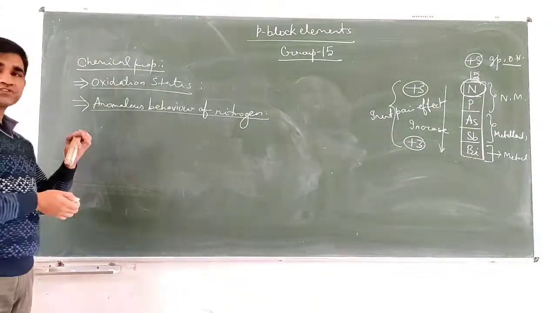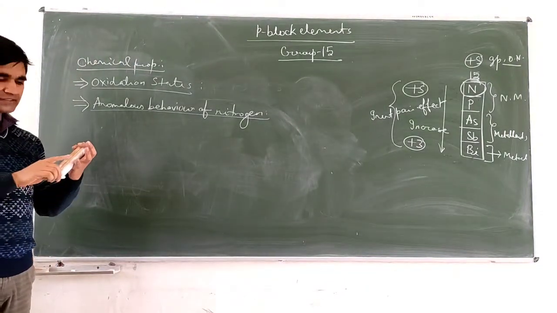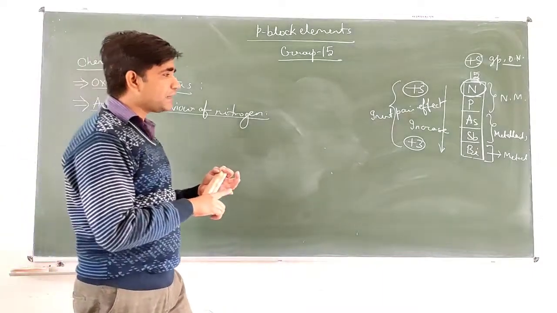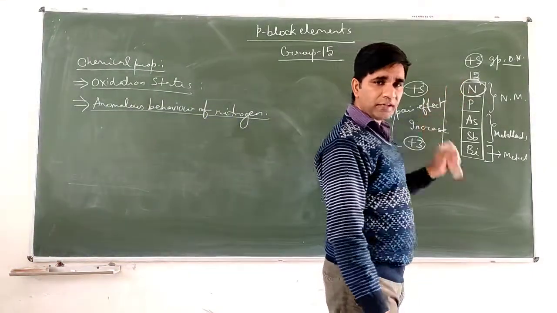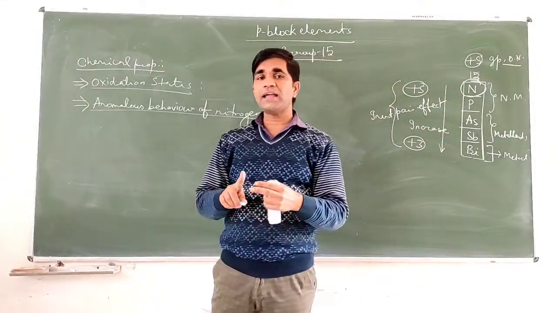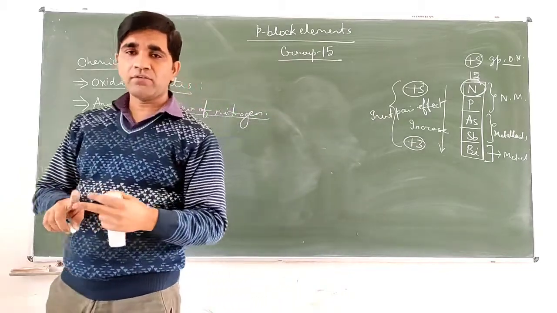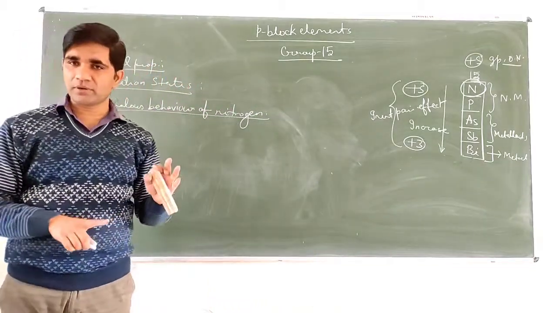First is the exceptionally small size. Second is high ionization enthalpy. Third is high electronegativity. And fourth is the absence of d orbitals.